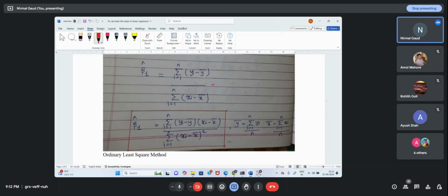Here also we were correct: y minus y bar upon x minus x bar. This is your beta 1. Either I can write y bar minus y upon x bar minus x, whatever. You can change it. So we were also correct here. Okay, fine.